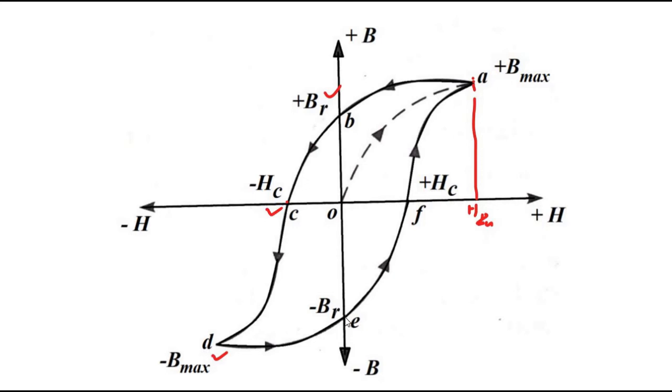Again at the point where H is 0, it has some residual magnetism in the opposite direction, negative, which is minus Br, at point E.